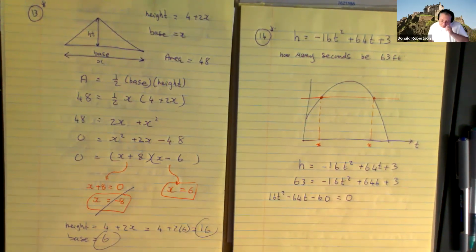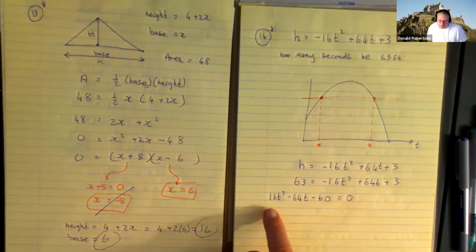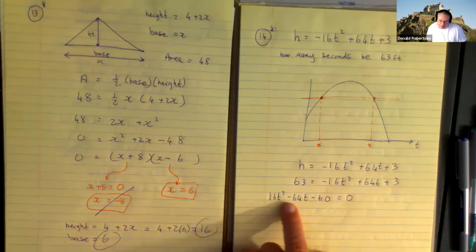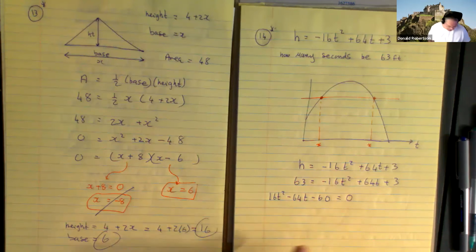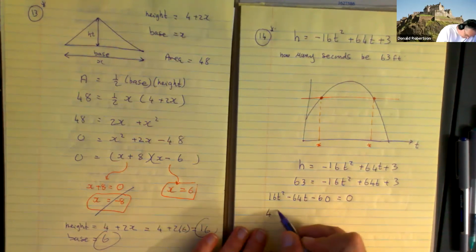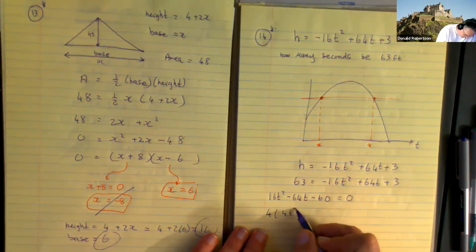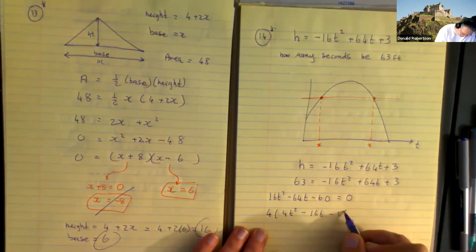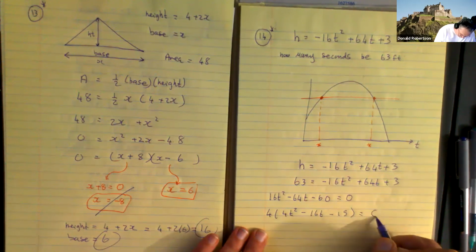And I get that. There are two ways to approach this. This is a really ugly quadratic to solve algebraically, but I'm going to try my best. As I scan through, I've noticed that I can take out 4 as a common factor. So that leaves me with 4t squared minus 16t, take away 15 equals 0.